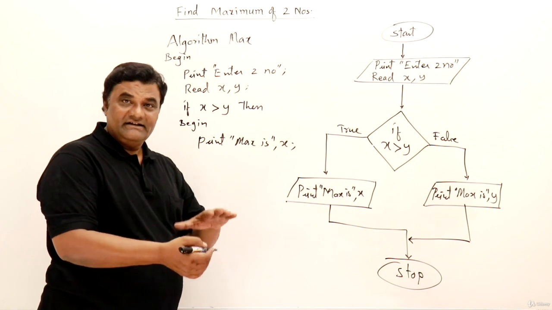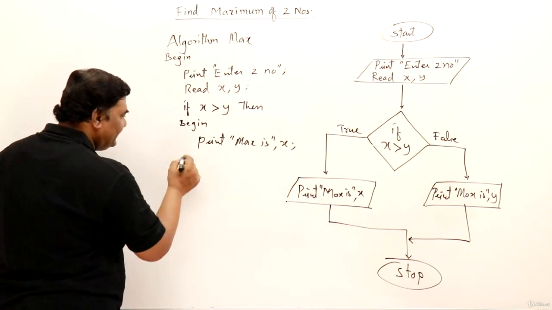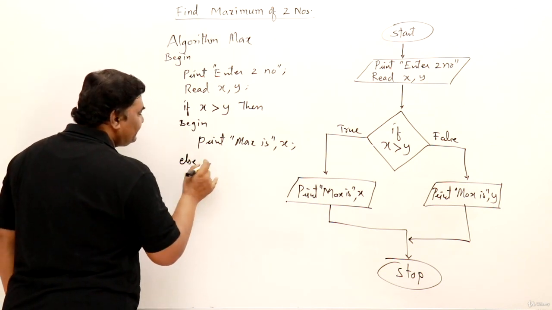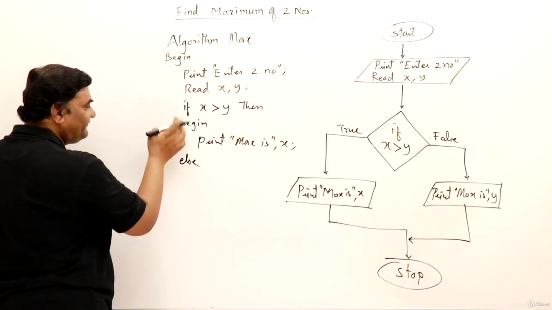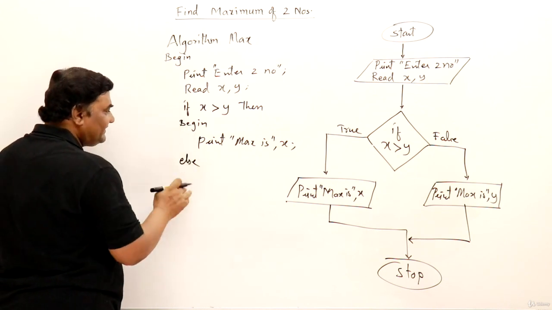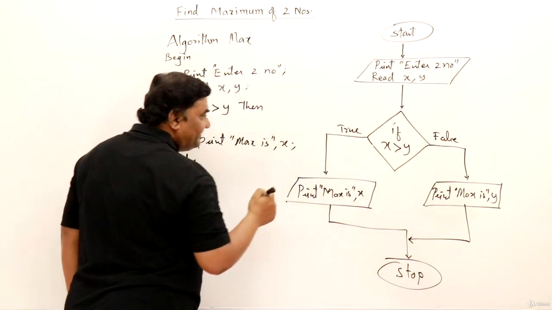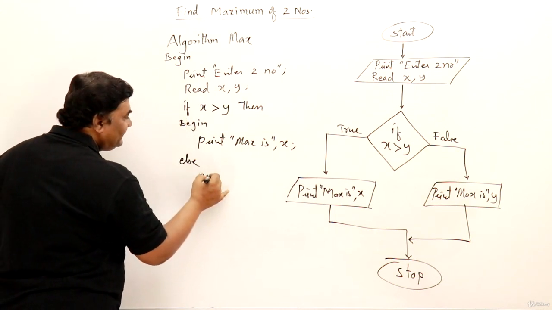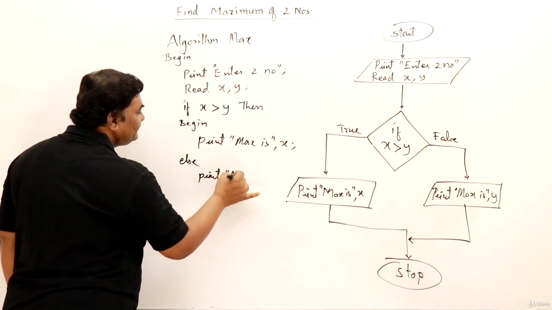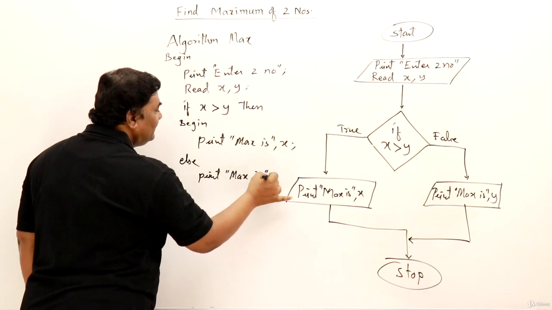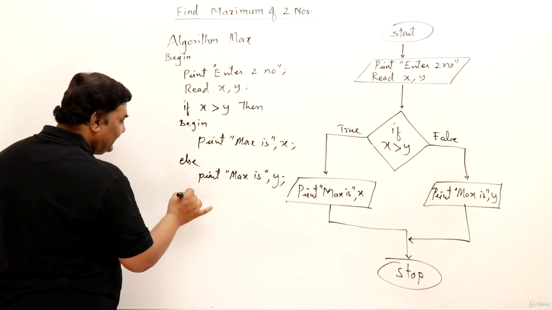Now I have to start else block. So I need not write end here. I will write else because it's a part of continuation of if, right? If then else, right? Else what I have to do? Print max is y. Then after this say end.